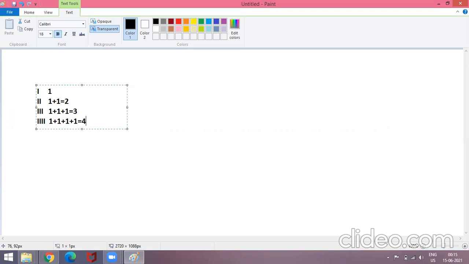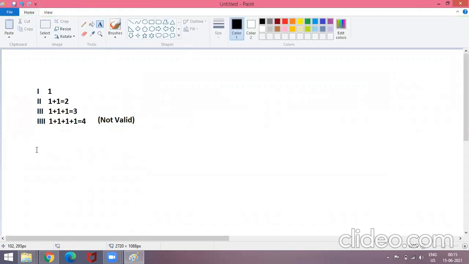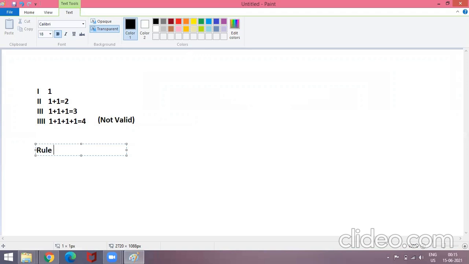No, this is not true, because rule 1, the rule of repetition, says that none of the symbols I, X, C and M can be repeated more than thrice.